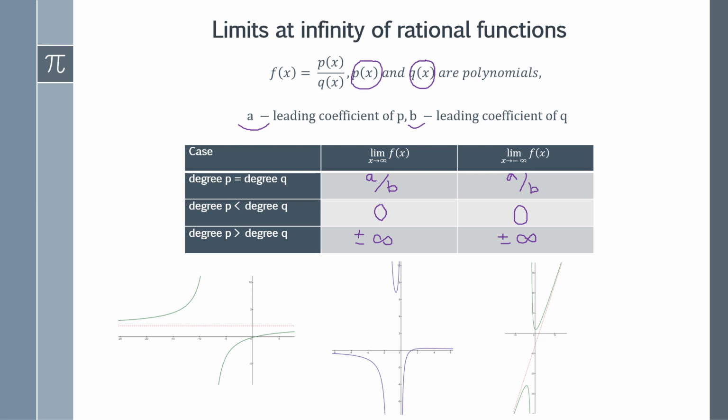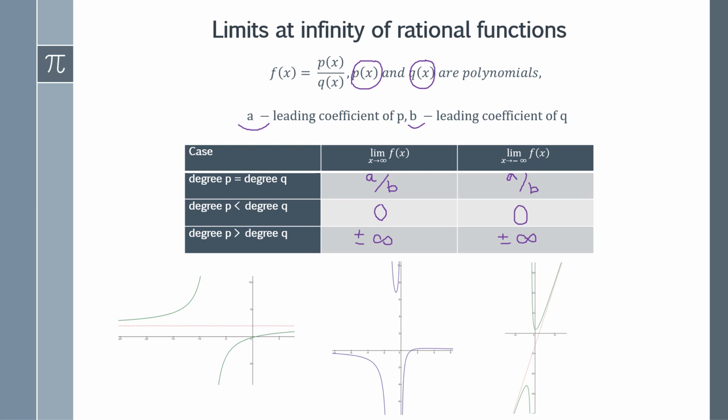So what happens here, you see that the right branch goes up to the right. This corresponds to the limit as x goes to infinity being positive infinity. And the left branch is going down to the left. So as x goes to negative infinity, that's also negative infinity, but that's just one example.